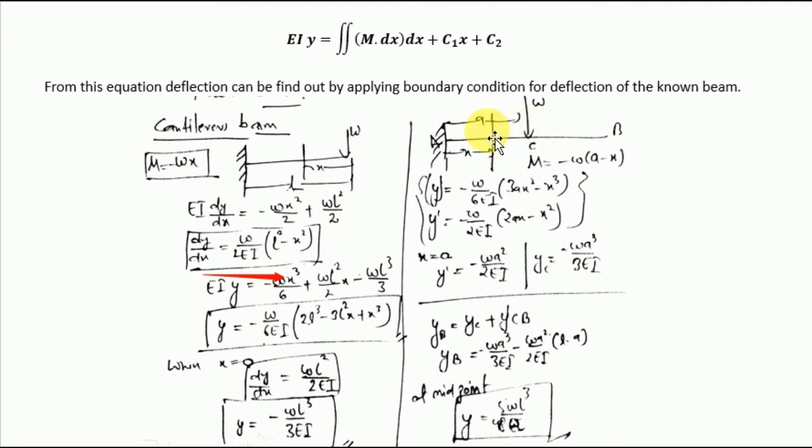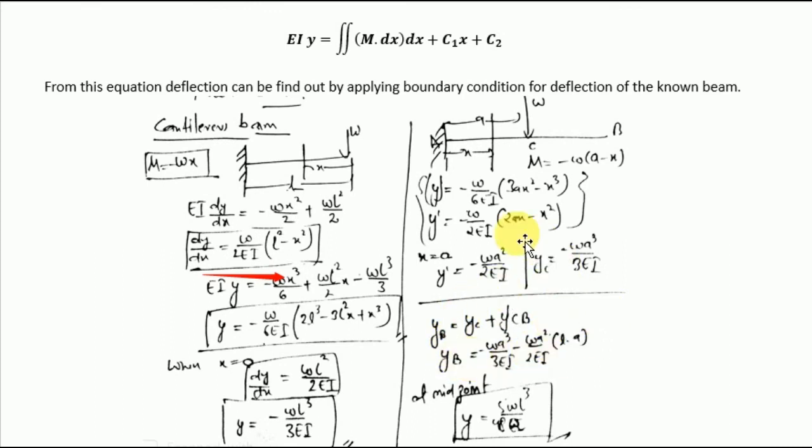According to this, if we displace the load at any distance apart from the support, as you can see here, then again finding the moment equation, which is M is equal to minus W (a minus x), and following the same procedure we can find the value of slope and deflection.